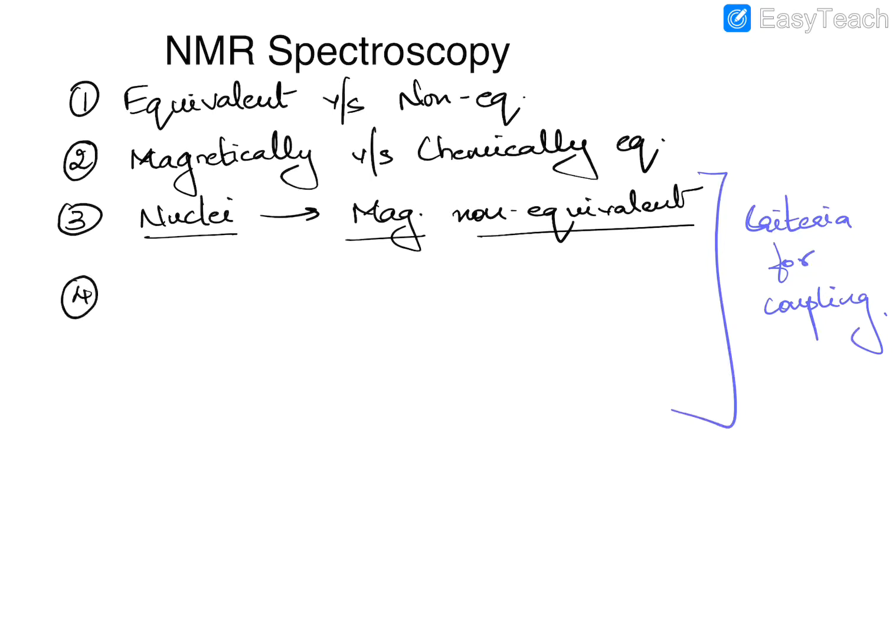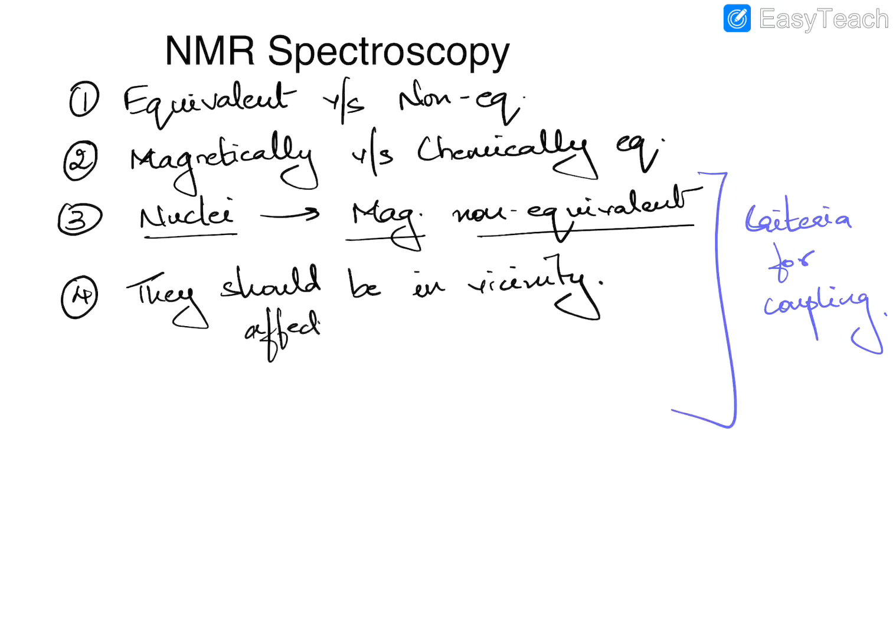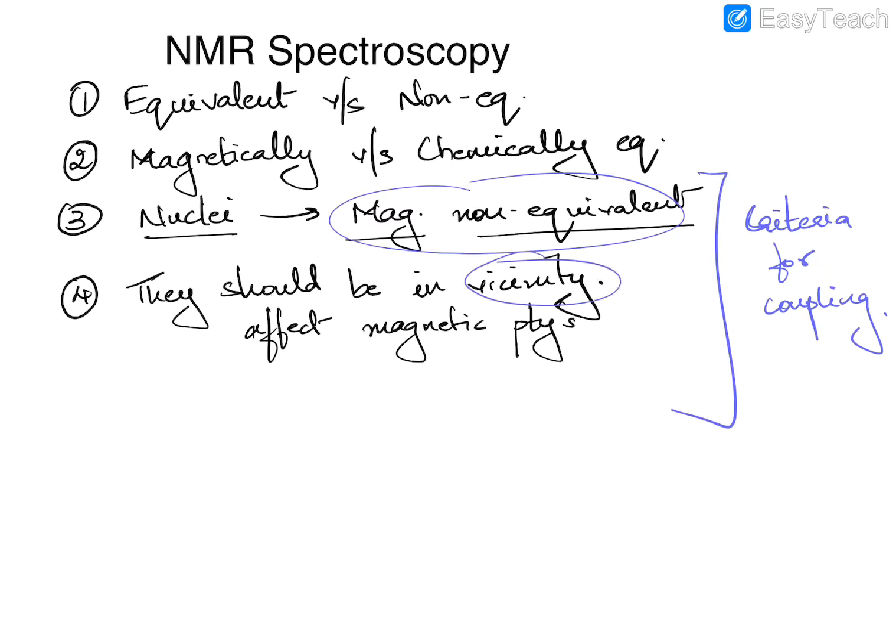The next criteria is that they should be in the vicinity of each other so that they can affect each other's magnetic properties. So two criteria have to be met rigorously so that nuclei can couple with one another.